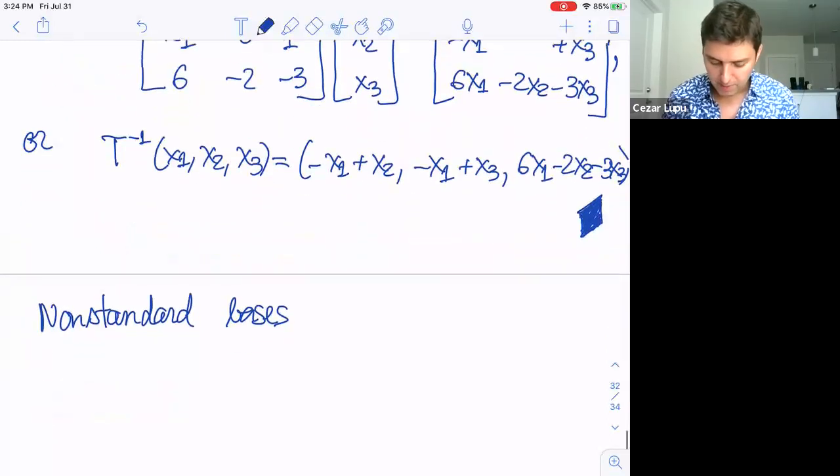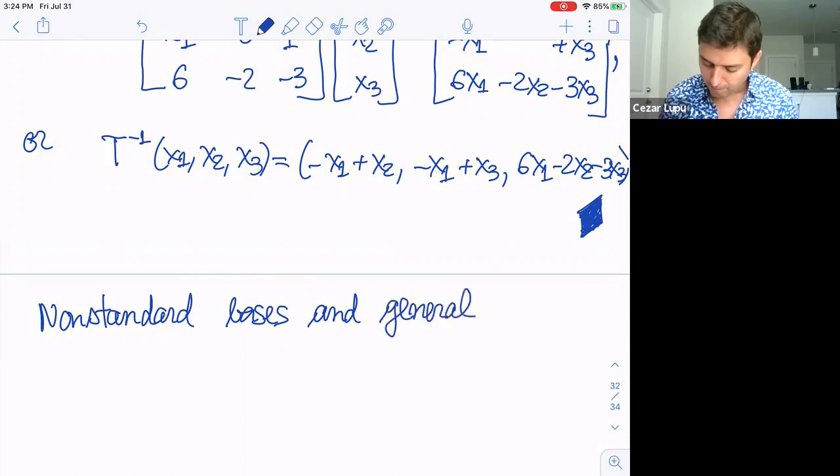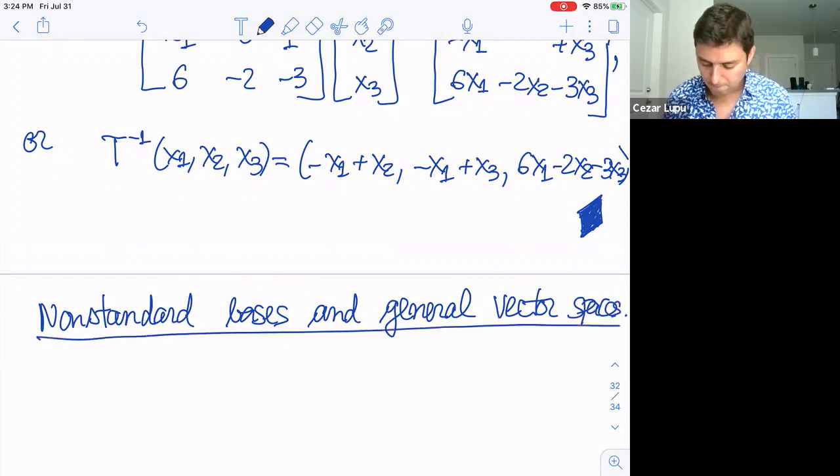Okay, plural is basis, and general vector spaces. And now, what is this all about? Well, in this case, I will consider a more general problem of finding a matrix for a linear transformation.